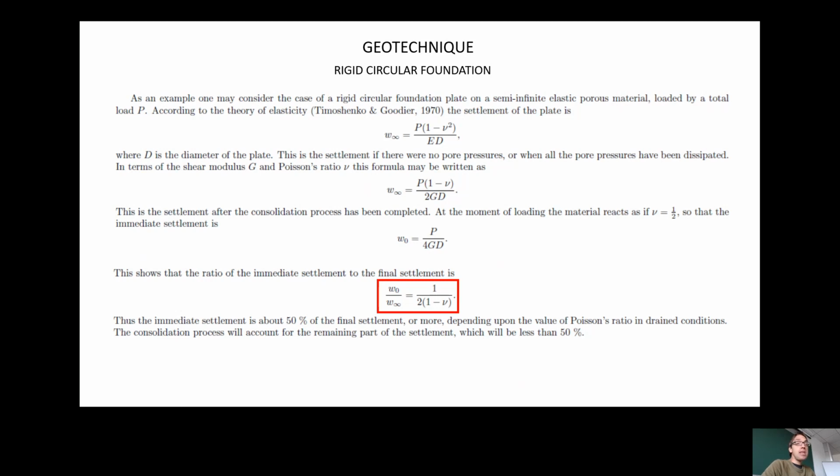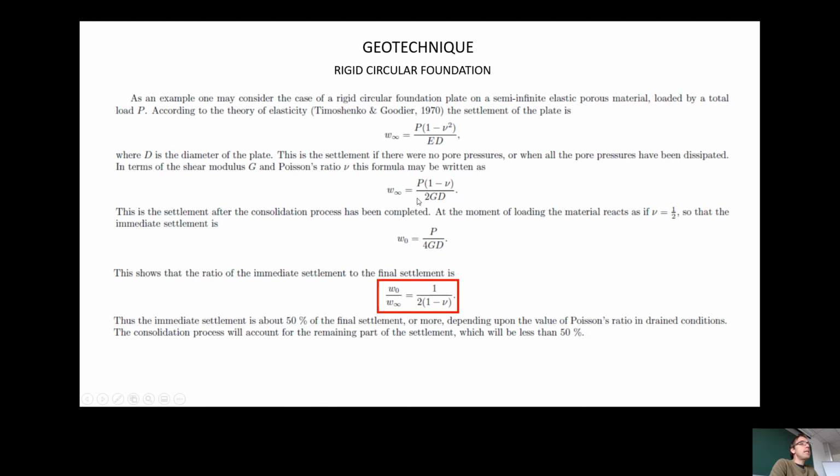This is the settlement, W infinity, of course, at the end, when no pore pressures are considered, or when all the pore pressures have been dissipated. So it is at the end of the process. In terms of the shear modulus G and Poisson ratio nu, the formula may be written in this way.